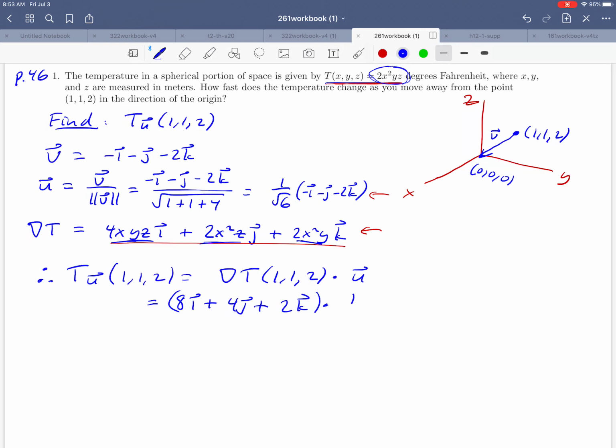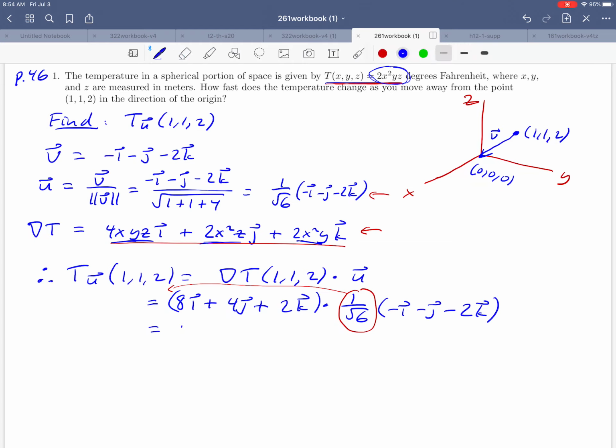We'll dot that with the u that we wrote down above. When we take that dot product, I don't know that we've used this little technique before, but that 1 over the square root of 6 that we factored out, we could just move to the beginning of all of this work, and then take the dot product of the portions that are left over.